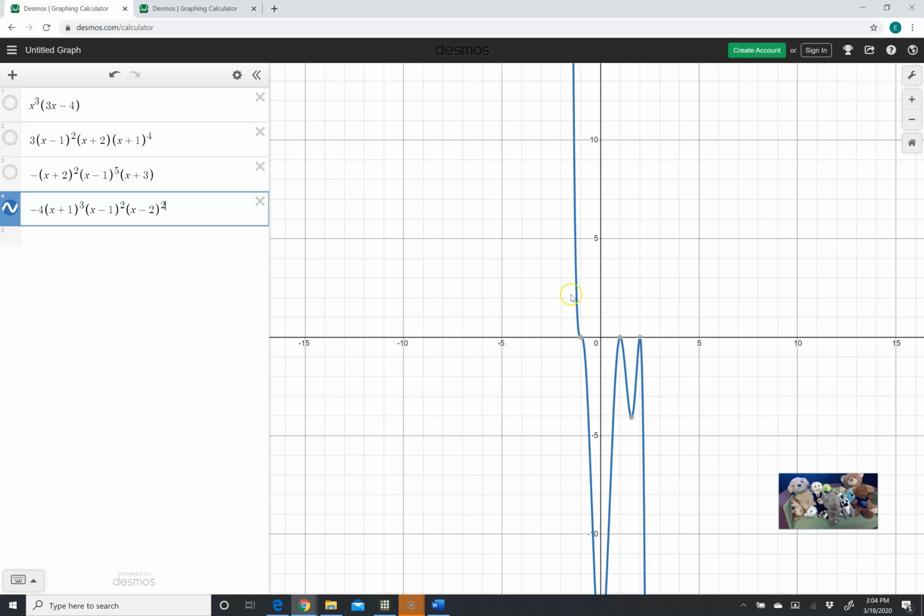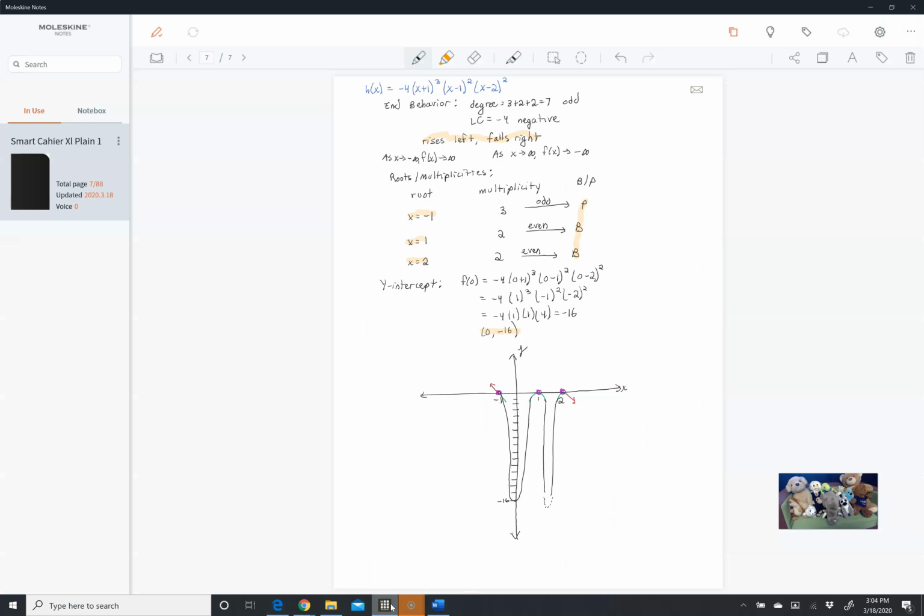So over here, we can see it passes through -1. It bounces off at 1, and we're underneath the graph. It bounces again at 2, we're underneath the graph. And this was the only thing I misjudged. I misjudged this turning point right here. I thought it was much more negative than it actually was. But if you plugged in 1.5, you would have seen that turning point was a lot closer. So in fact, if we go back into those notes, let me fix that.